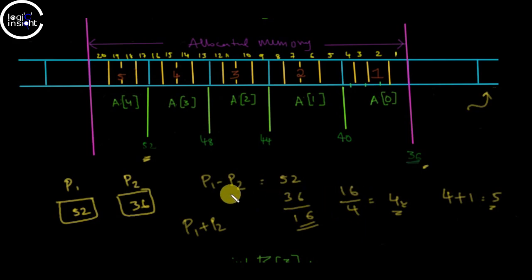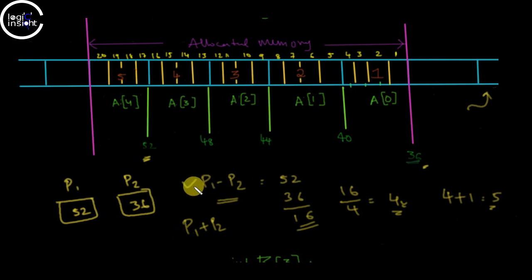But if we subtract these values, we can make sure that these are offsets, or you can say how much distance they are from each other, so that we can use this logic in our code to implement some functionalities, okay? For example, if I want to know how many elements are there, I can do this operation. P1 minus p2 is a legal operation, okay?